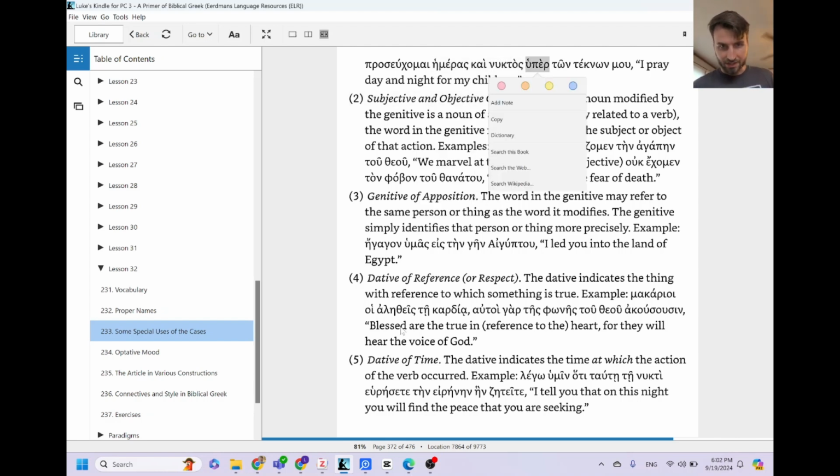And then down here you have dative of time. The dative indicates the time at which the action of the verb occurred. So, on this night, which makes sense for the dative. It has that to, with, in, or by. So you'll often translate as in this time, or at this time, on this night, on this day, things like that.